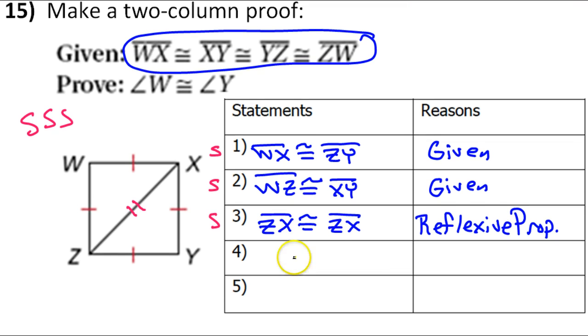So now that I have that, I can go ahead and say that the entire triangle is congruent to the other. So for example, I could say that triangle ZWX is congruent to triangle ZYX.